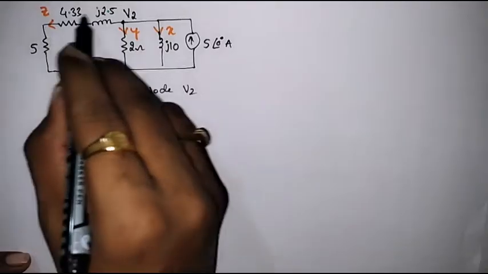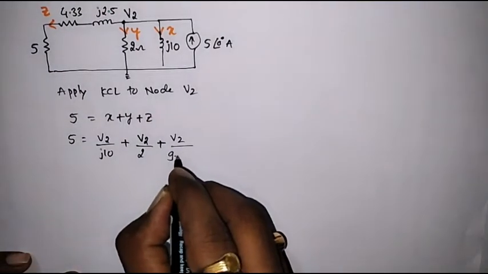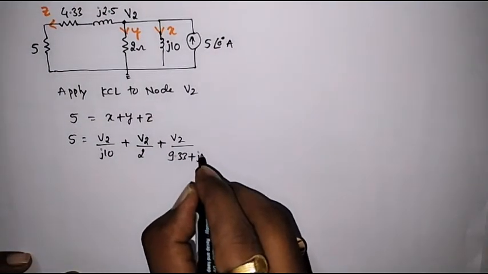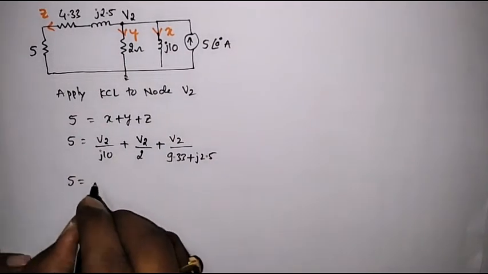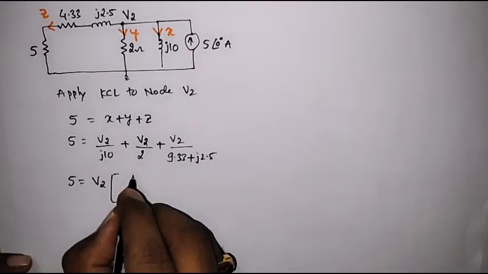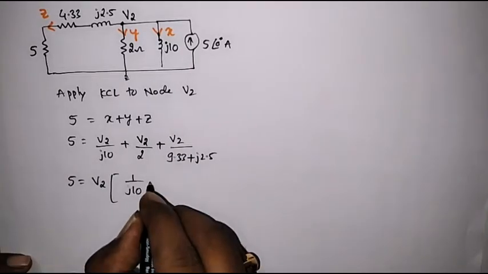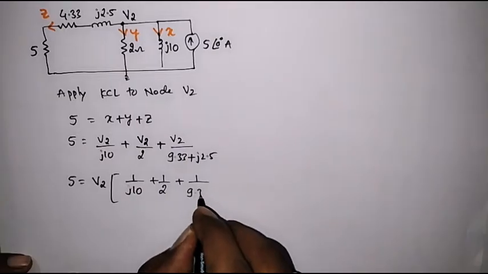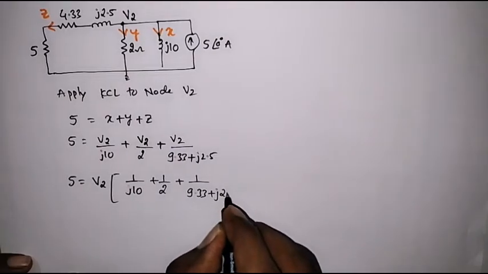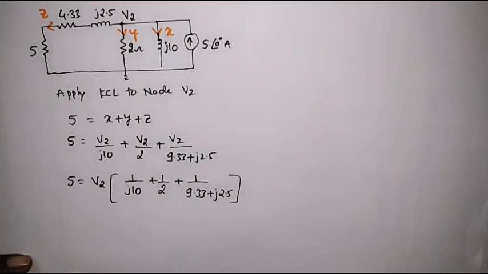These three are in series. I can write it as 9.33 plus j 2.5. Therefore 5 is equal to V2 in bracket 1 upon j10 plus 1 upon 2 plus 1 upon 9.33 plus j 2.5.